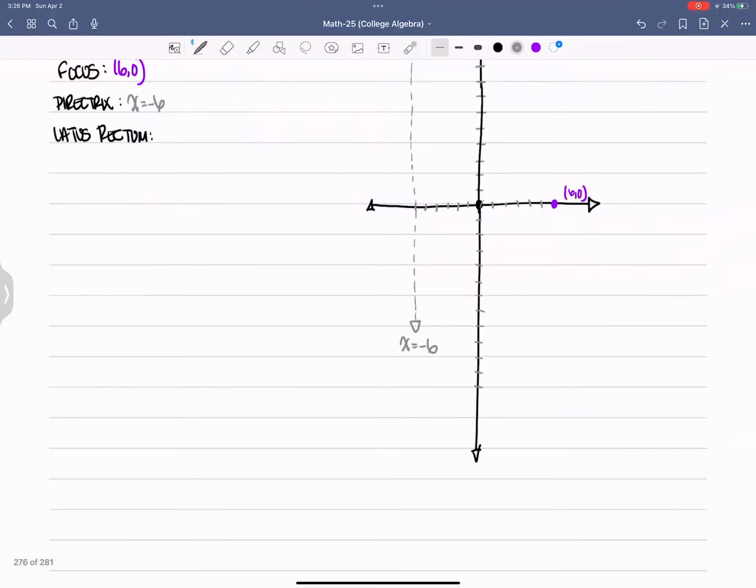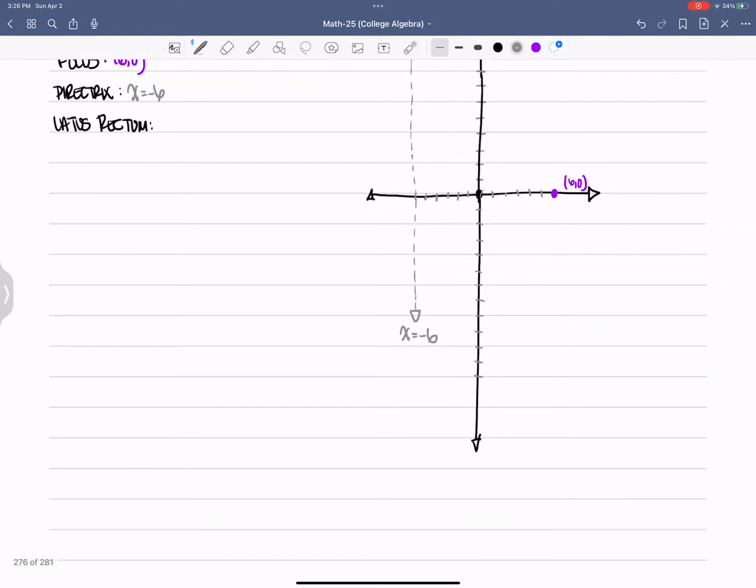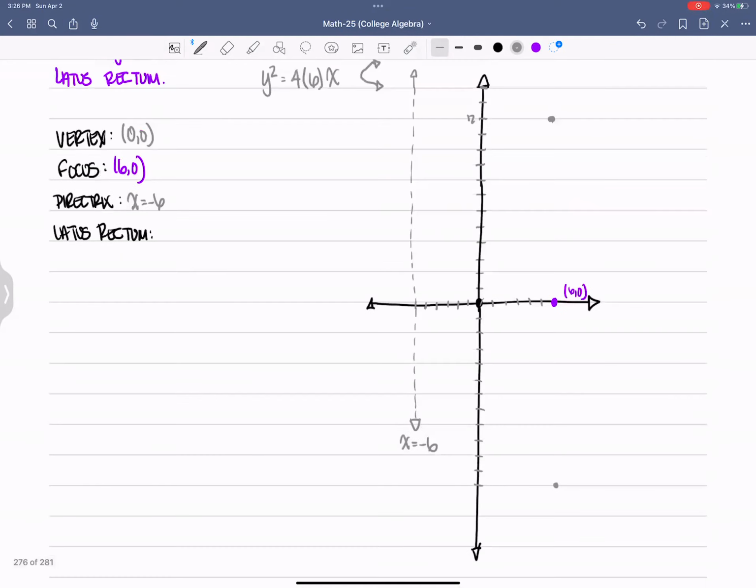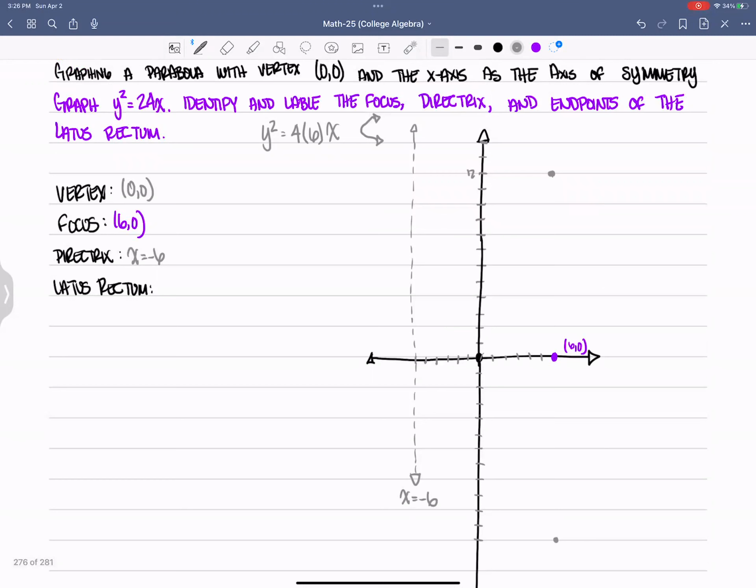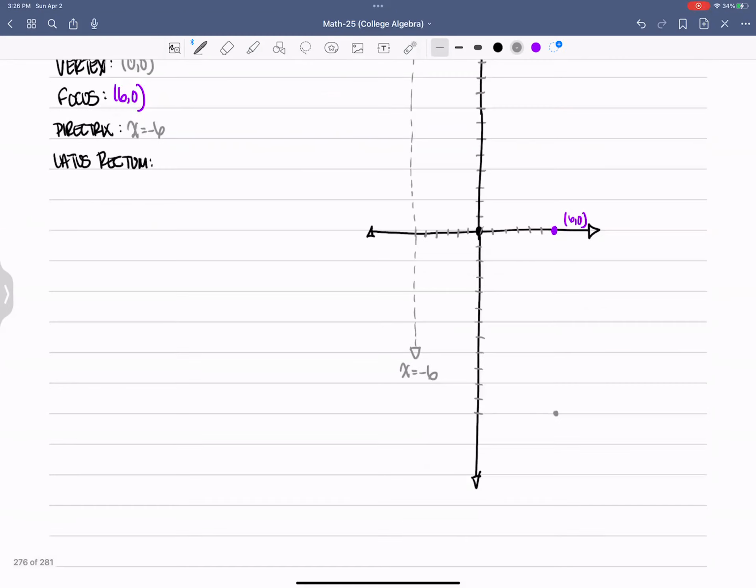We need another 12 units down here: 2, 4, 6, 8, 10, 12 is here. So those are the 2 points that make up the latus rectum. Here, this is the point when x is 6, y is 12, and also when x is 6, y is -12.